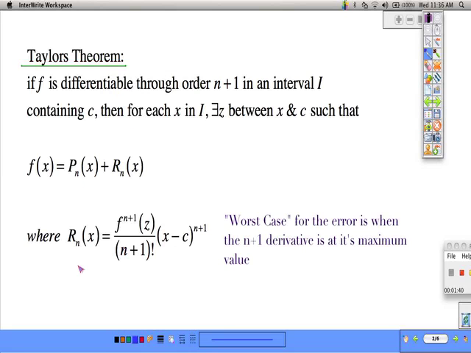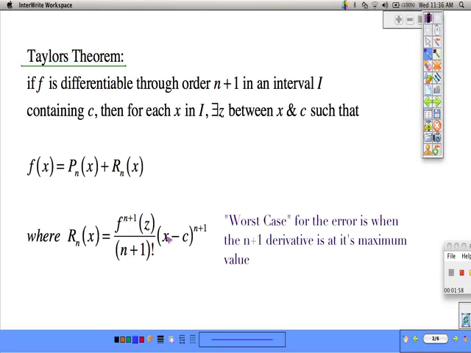And that nth remainder is found by the n plus 1 term, where the n plus 1 derivative is evaluated at some z value.